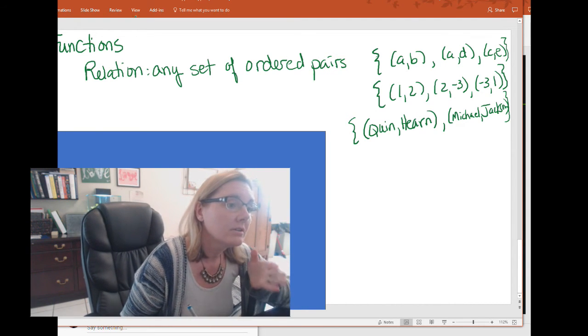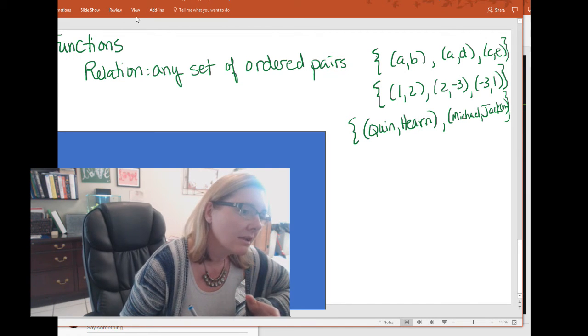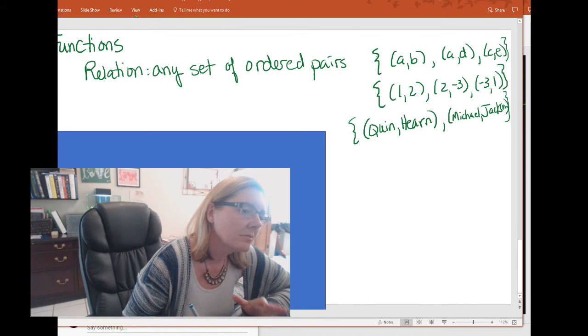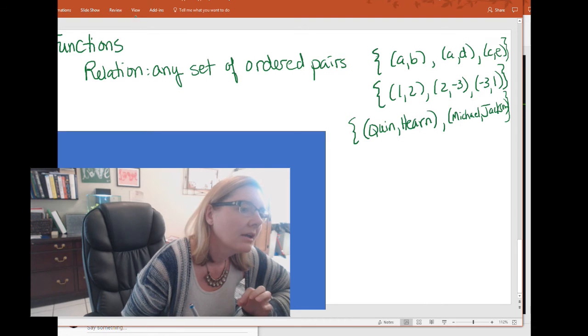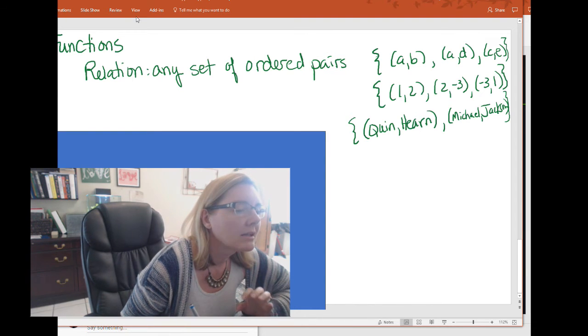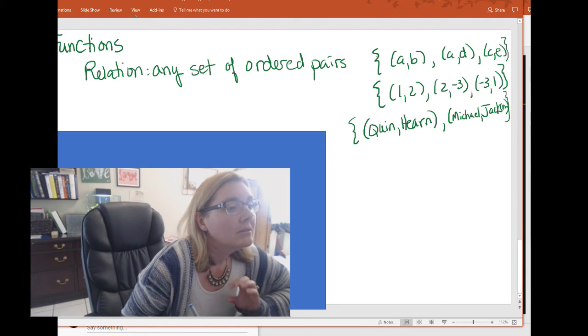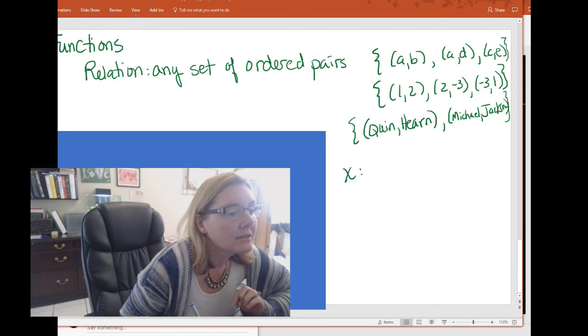So the first elements, the X elements, as we normally refer to them, the first part of the ordered pair, I guess I should say X coordinates, not X elements. The X coordinates are all the input. So the X is the input. The set of all X values for a particular relation is called the domain.